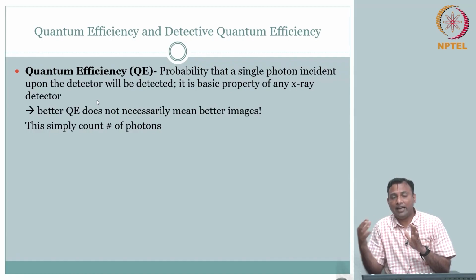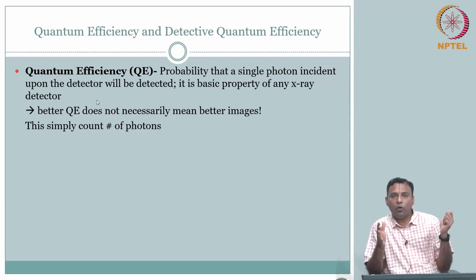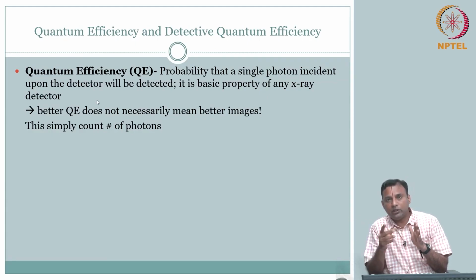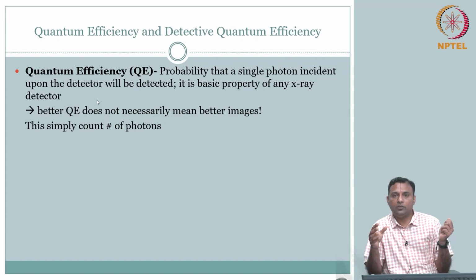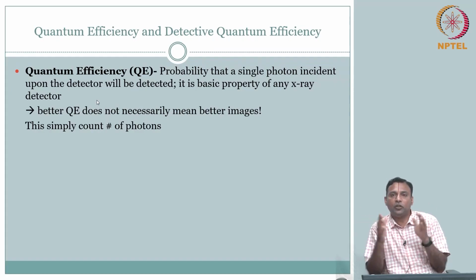In other words, I have some intrinsic signal to noise ratio because of the physics and other things that are coming in. Now I have an output image, and that output image has a signal to noise ratio. You want the detector to efficiently transfer the input signal to noise ratio to the output. The output signal to noise ratio should be as close as possible to your input signal to noise ratio. Your detector should not spoil that.